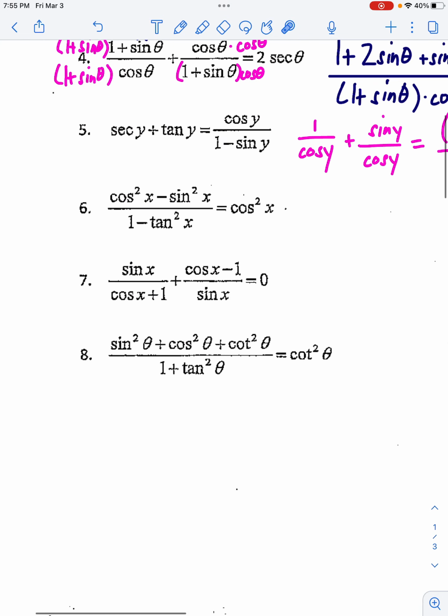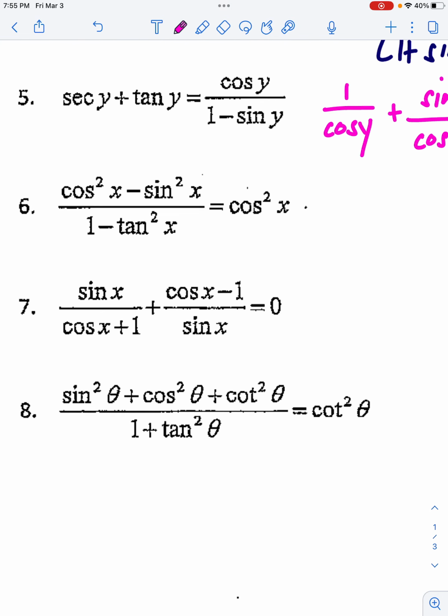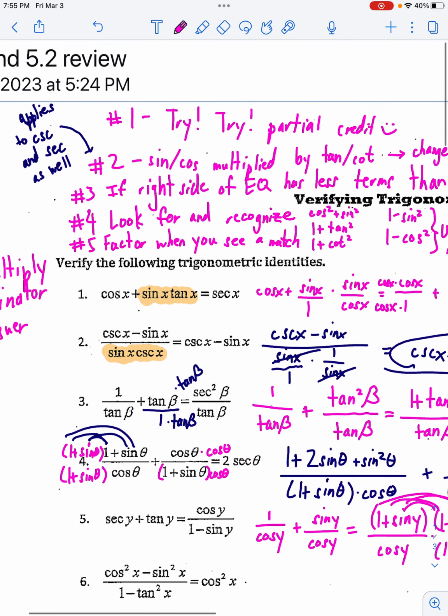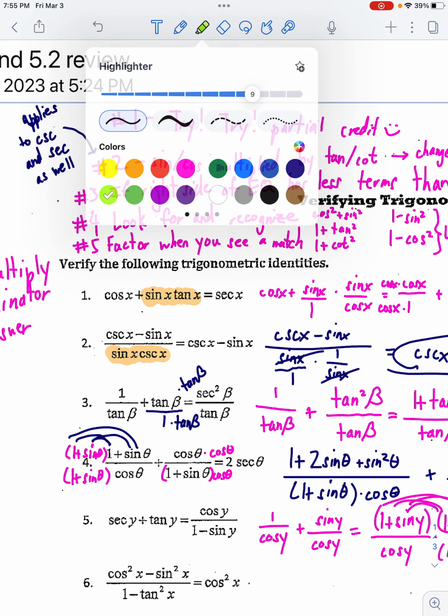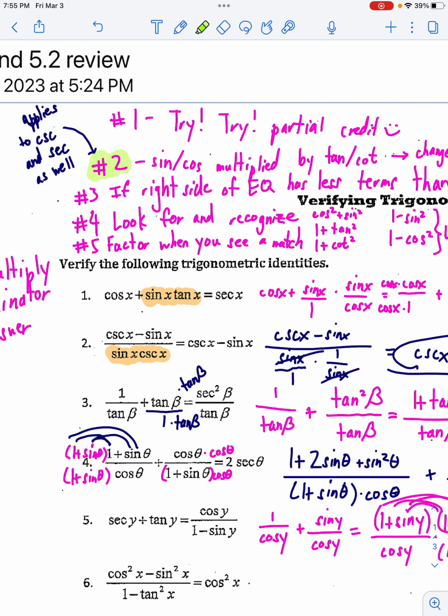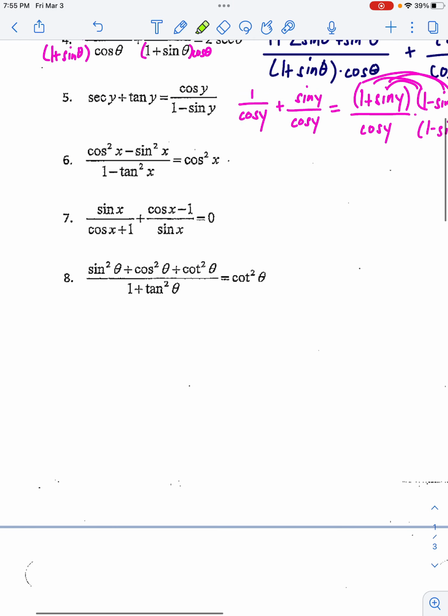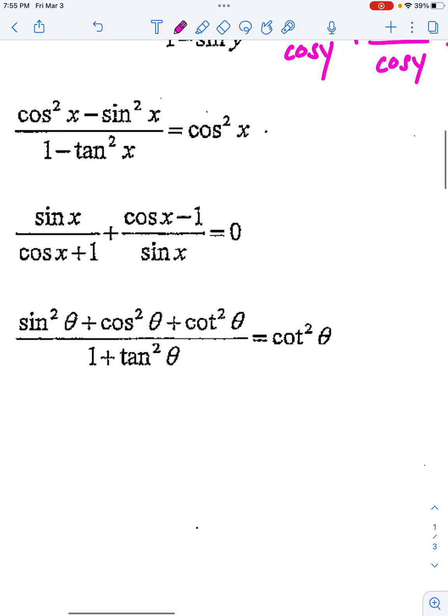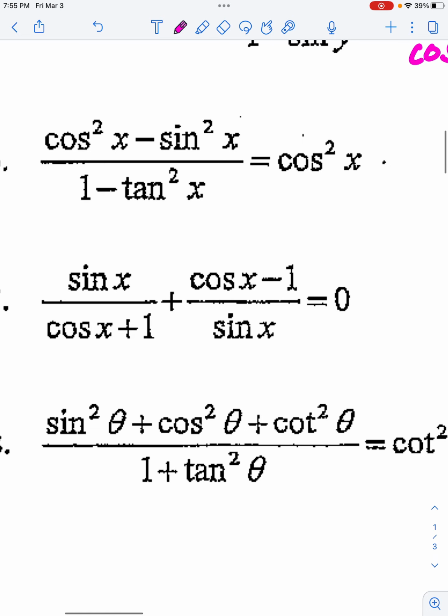I want to show you guys something, though. I'm going to use something that's in the spirit of tricks number 2 and 4. You're probably stumped where the heck you begin here.